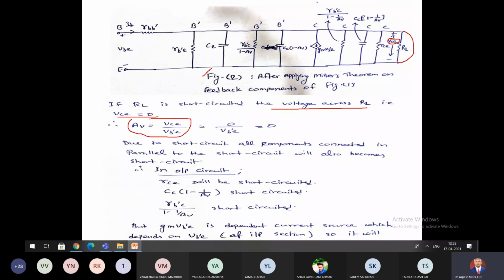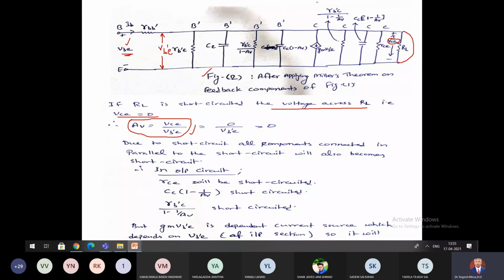Voltage gain is output voltage by input voltage, that is VCE divided by VB dash E. Already I have written here. No, this is VBE, and here you have to find VB dash E, because VB dash E is different from VBE. This is the voltage gain.